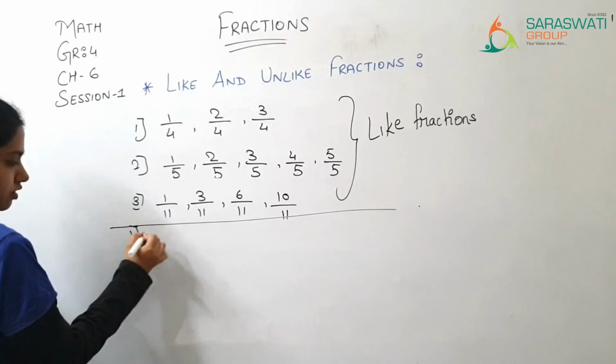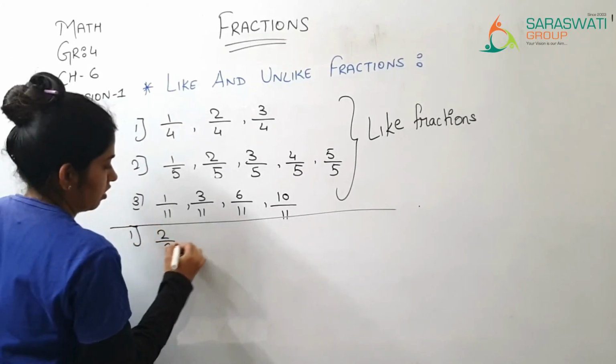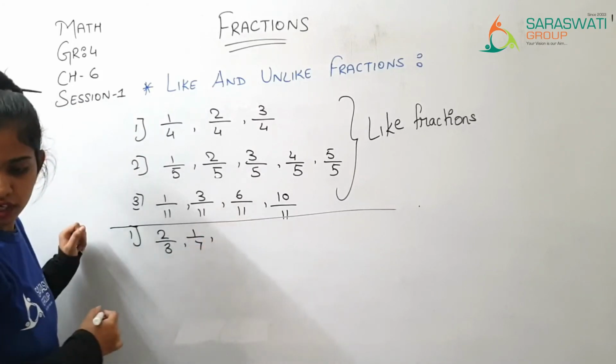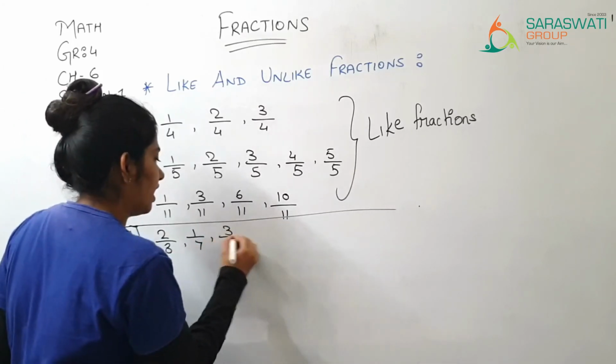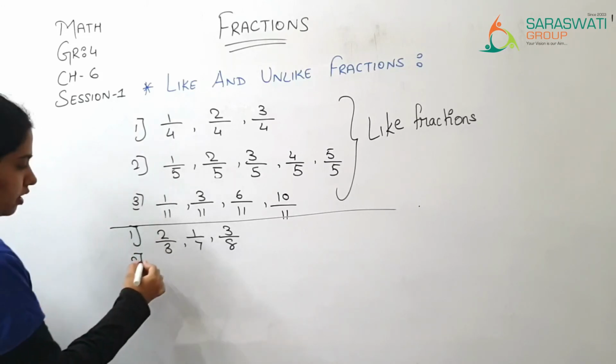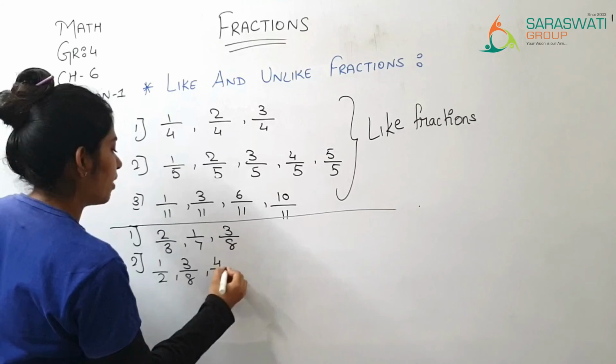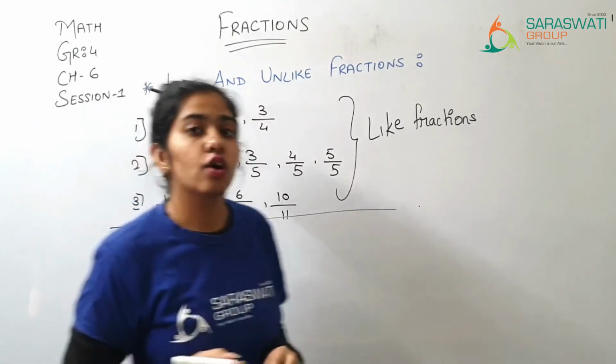Over here 2 by 3, 1 by 7 and 3 by 8. Then number 2, 1 by 2, 3 by 8, 4 by 9. Okay?